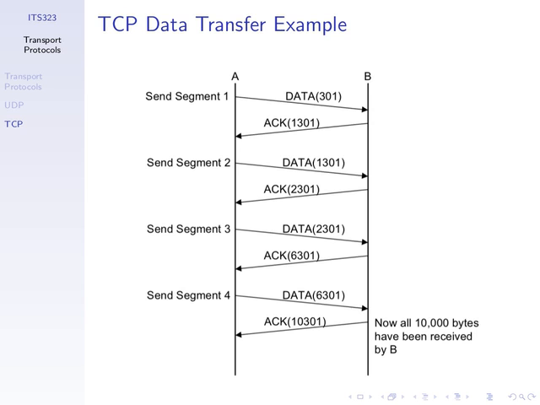We've got 2301 and 6301. The sequence numbers of the data do not change. But in this case, if we send an ACK after the second segment is received, what's the acknowledgement number?